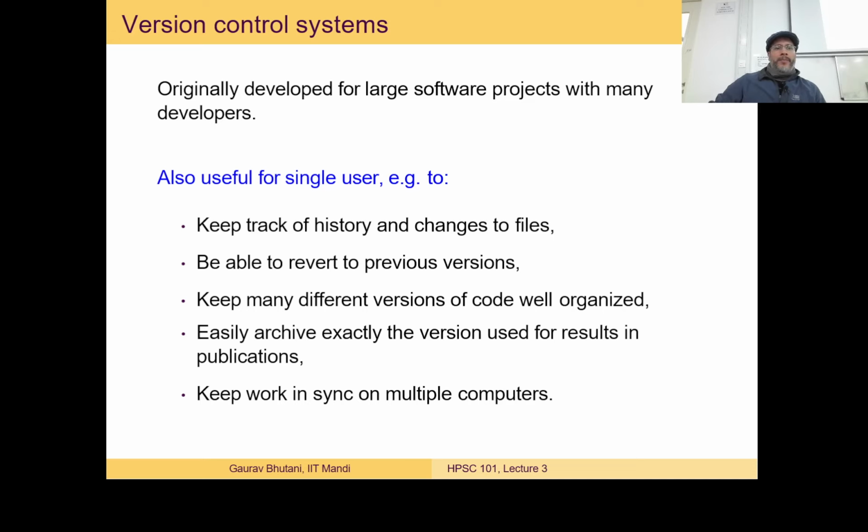Right. Another useful thing that we can do with version control is that you can work on multiple machines. For example, I'm developing software, and mostly I work from the office, but sometimes I get amazing ideas while at home, and I would want to implement them right away. So what I can do is work in the office, commit the changes, and the changes go onto the repository, let's say GitHub.